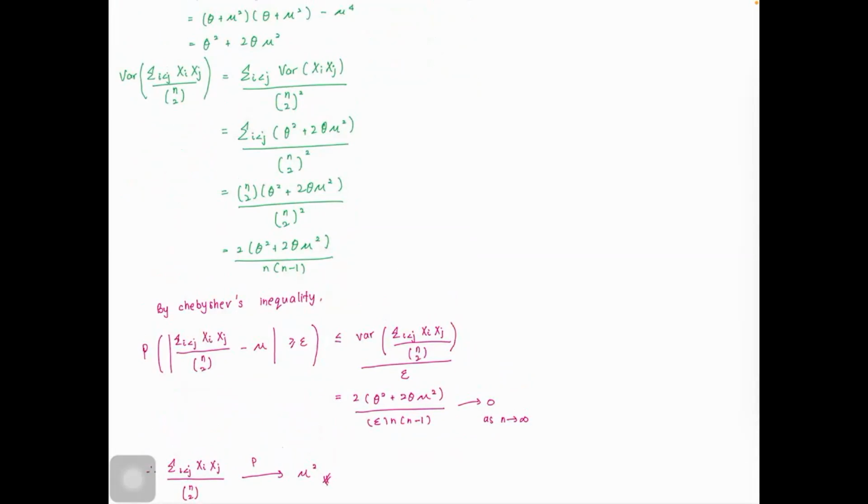Then I insert all the function that I already searched for. Then as n approaches infinity, 2 theta squared plus 2 theta mu squared over epsilon and n minus 1 will become 0. Therefore, the summation over i less than j of XiXj over n choose 2 will converge in probability to mu squared. That's all.